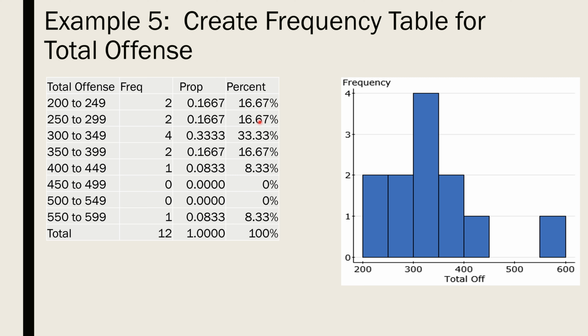For example, for interval 200 to 249, the frequency of this bar should be 2, which also appears here. For interval 300 to 349, the height should be 4, which equals the frequency here.